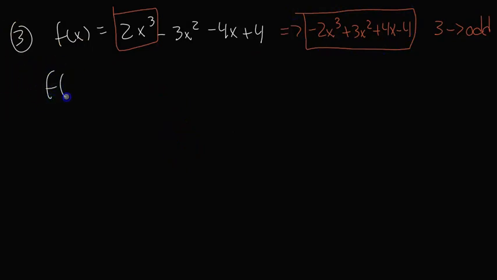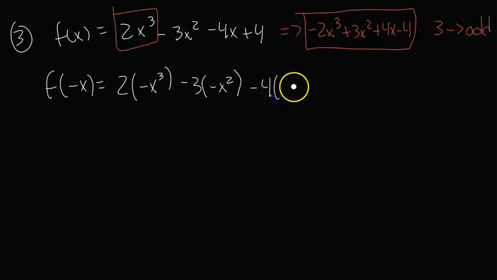If I plug in f of negative x, what happens? 2 times negative x cubed minus 3 times negative x squared minus 4 times negative x plus 4. Like we did before, this negative x cubed is simply going to push a negative out, meaning that I'm going to have negative 2x cubed.